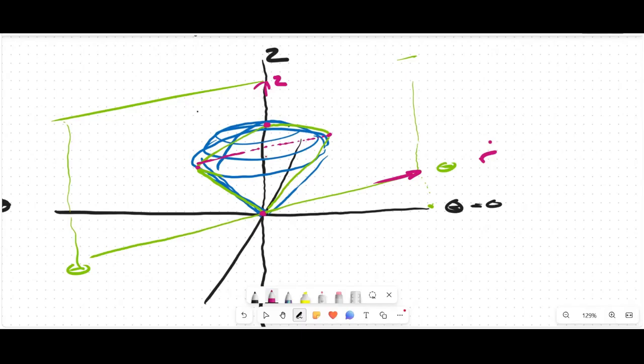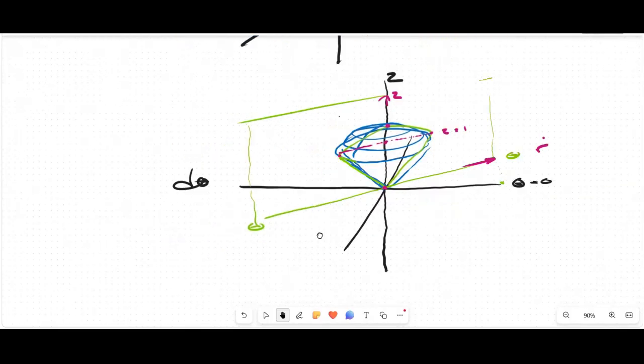But below that line, the bounds will be described by these two straight lines here coming from the cone. So what z value is that right there? Well, we already know r has to be 1. The radius of the circle is 1. And so then that z value is also z equals 1.